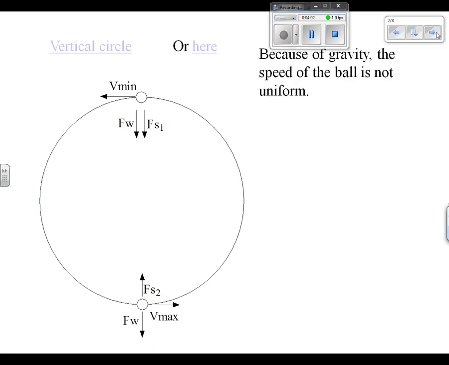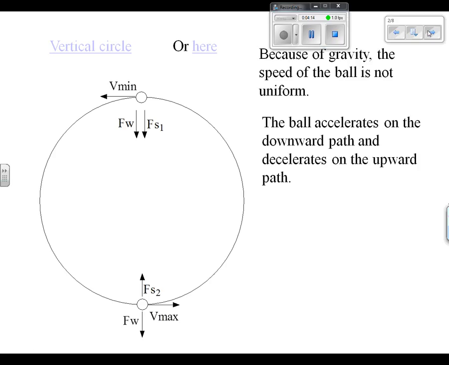Okay, so because of gravity, the speed of the ball is not uniform. We've discussed that already. We just need to formalize it. The ball accelerates on the downward path and decelerates on the upward path. So over here it speeds up.